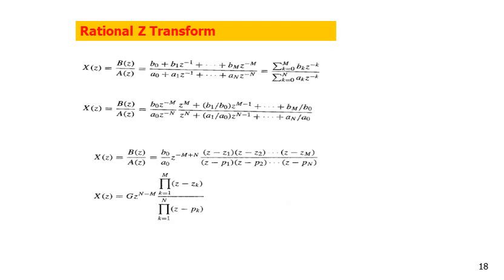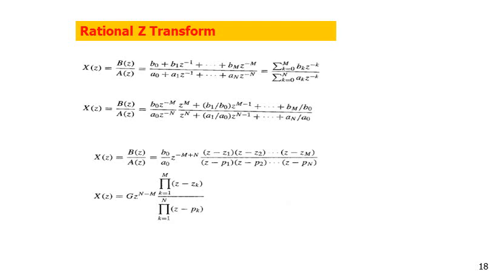And as we discussed in the class, the roots of the numerator are the zeros of our rational Z transform, and the roots of the denominator are the poles of the rational Z transform. And these roots are multiplied, and so the multiplication can be written as a product for k from 1 to m in both the cases. And the last expression b naught over a naught is replaced by G.